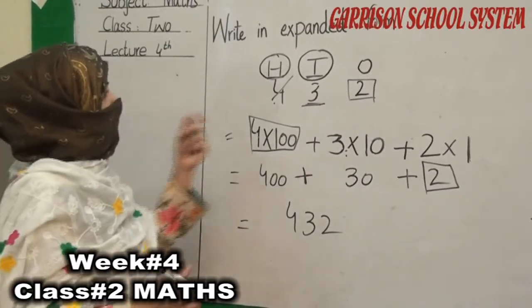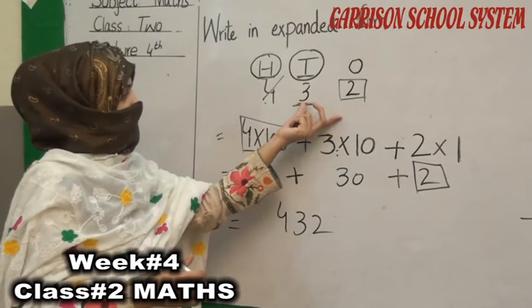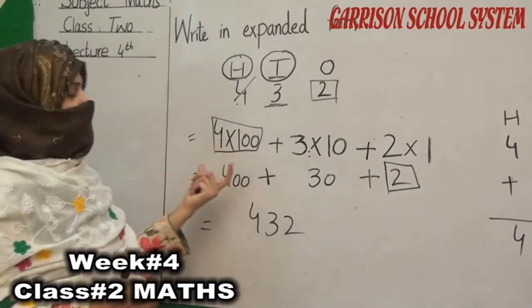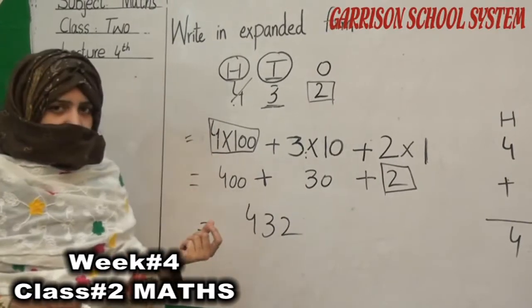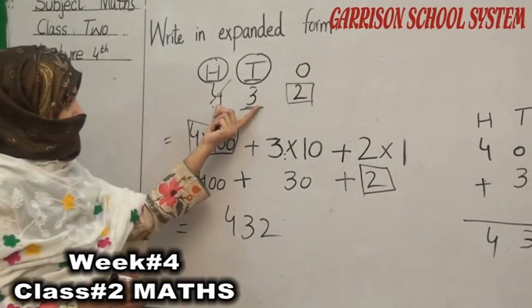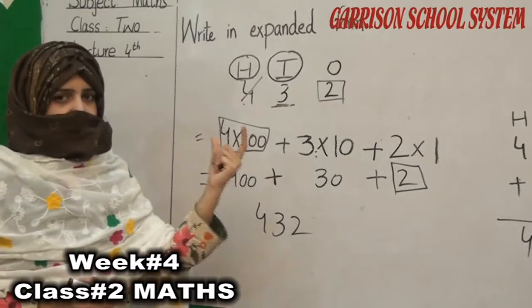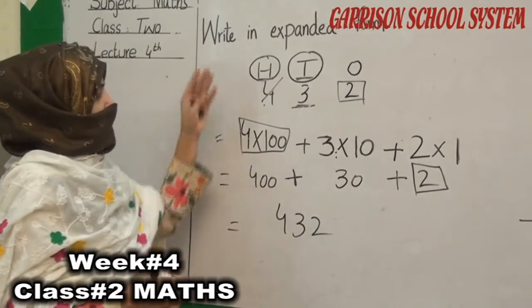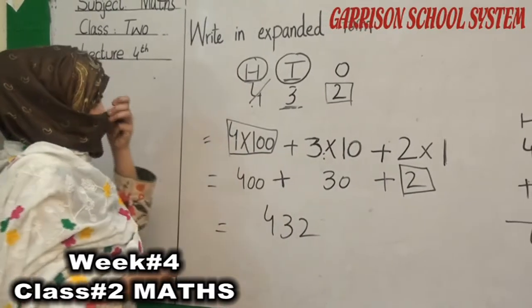Expanded form means we have to break these numbers according to their place value. Understand, students? We write the numbers separately according to their place value.